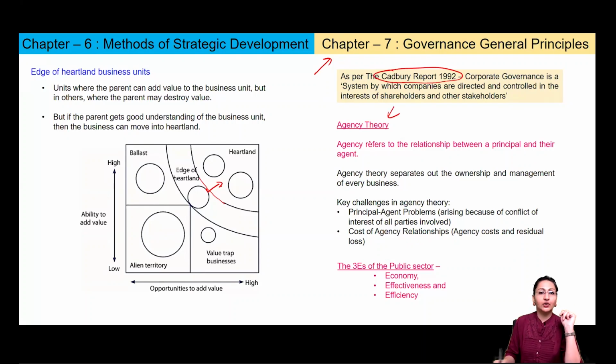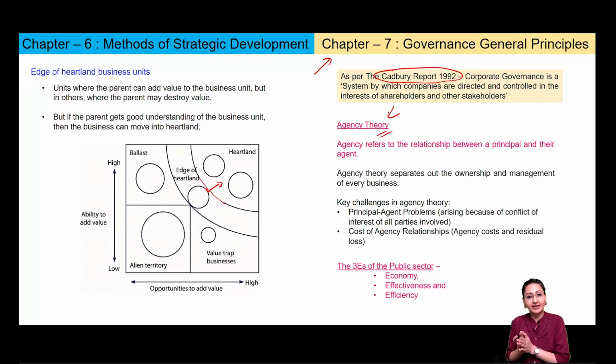Then comes agency theory. When we talk about governance, it is different from ownership. That is agency. There is a principal who are the investors in the business. They are the principals. But there are agents who are running the business on behalf of the principals. Who are these agents? The board of directors, the senior management.